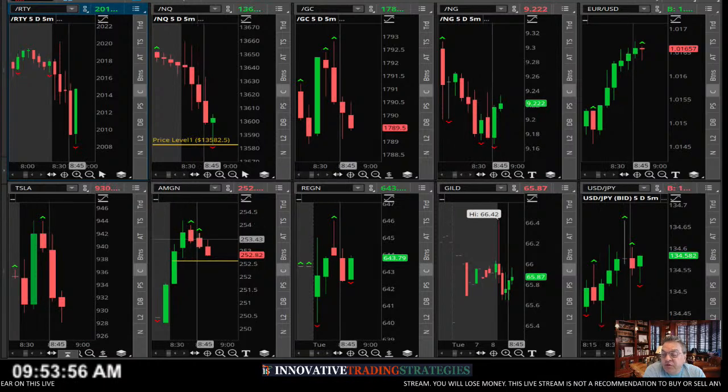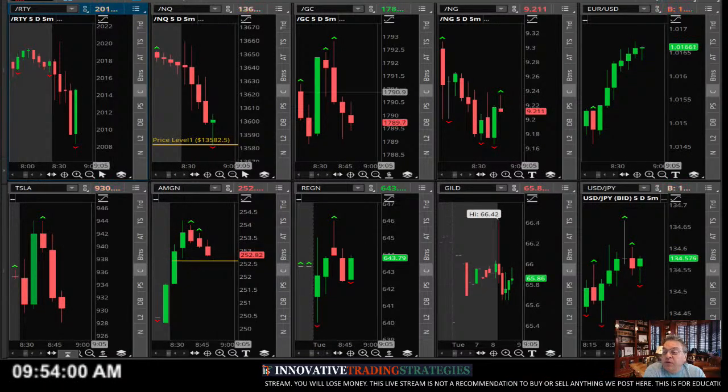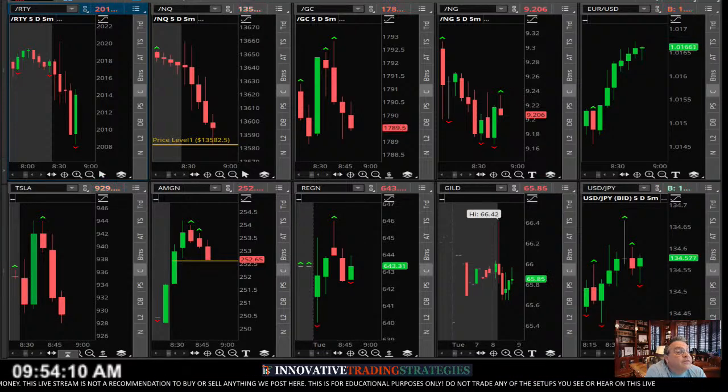Got one on AMGN, but I'd wait for a pullback here on AMGN. I trade a little bit differently with stocks. All right, still waiting to see if this mini NASDAQ is going to hit its pullback target.